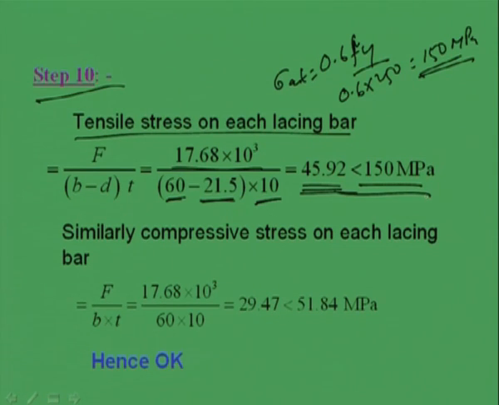Now, we will check from the compressive point of view. So, in compressive stress what will be? That will be simply F by B into T. So, F is this one 17.68 into 10 cube, by B is 60 and T is 10. So, this is coming 29.47, and this is less than the permissible compressive stress.